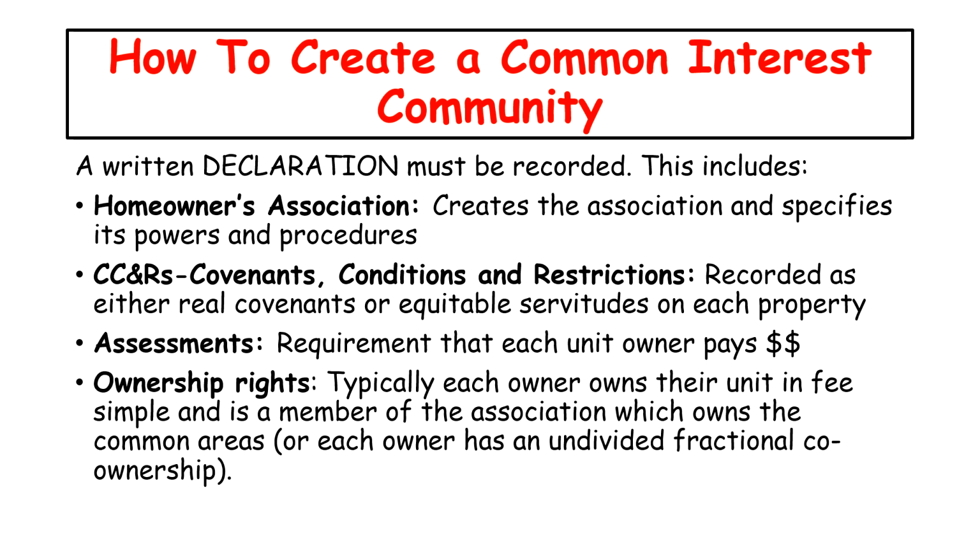And this homeowners association created by the declaration acts in a sense as a private government. It can enforce the restrictions and can take any actions that are allowed by the bylaws that are created by the homeowners association.